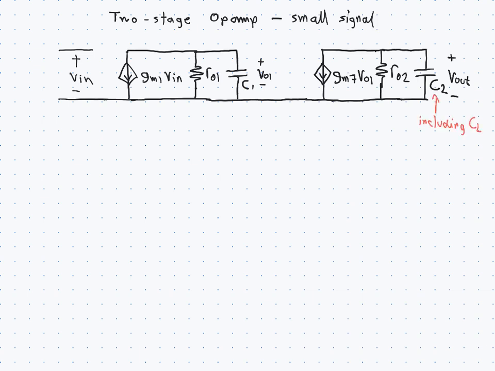Now, putting in the compensation capacitor is then between the input and output of the second stage. Now, for the moment, we'll just ignore the resistor. Now, the dominant pole is, as said earlier, determined by the Miller capacitance of this. So the Miller capacitance seen at the output of the first stage is this capacitance times the gain of the second stage.